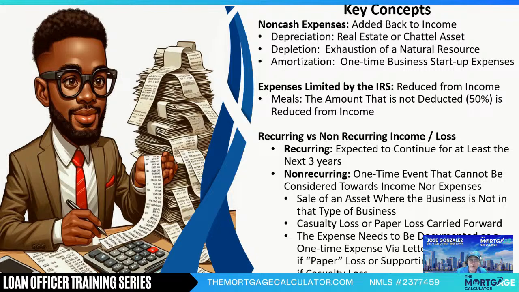So the non-recurring type examples would be sale of an asset where the business is not in that type of business, right? So let's say you have a business that sells two of their trucks, right?